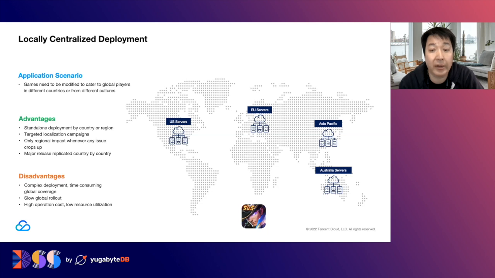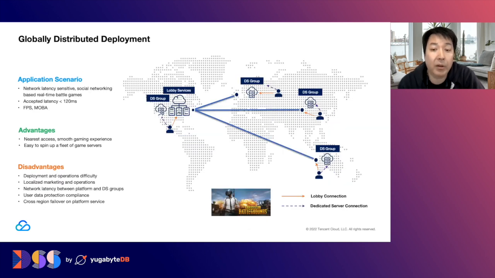The third model is the global distributed deployment, which allows for platform services deployed in one region and dedicated game servers distributed across the globe. The application scenario for these types of games is where network latency is sensitive.